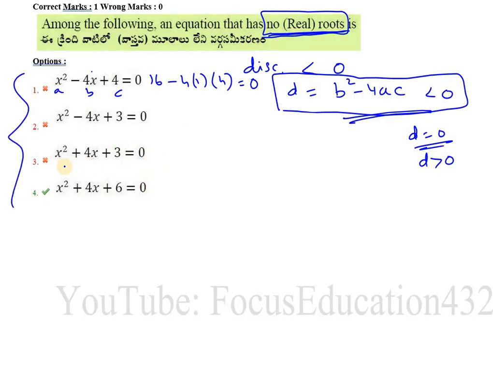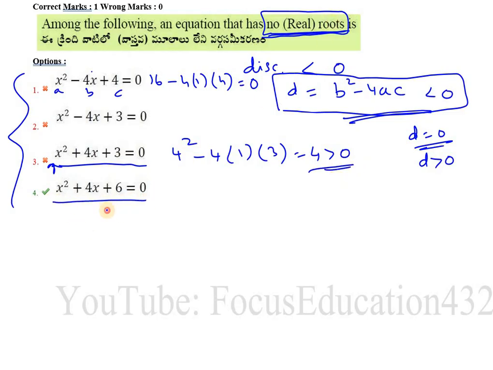For which one among these are we searching? Right. Suppose you take this one: b square, 4 square, minus 4ac, a is 1. And c is how much? A means coefficient of x square. C is 3. So 16 minus 12, that is equal to 4, greater than 0. This is 2 real roots. But no real roots means this is the answer. How? b square, 4 square, minus 4, what is the x square coefficient? 1.